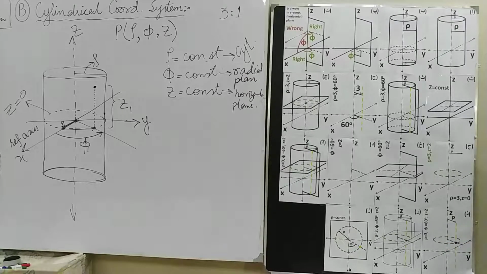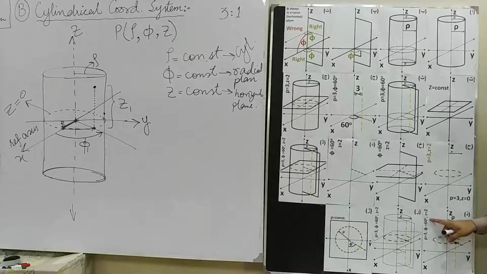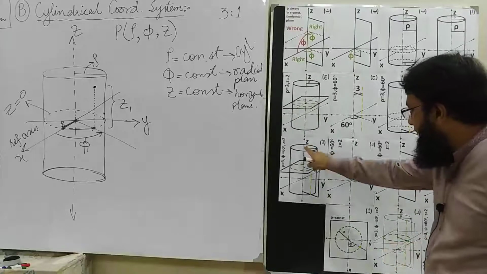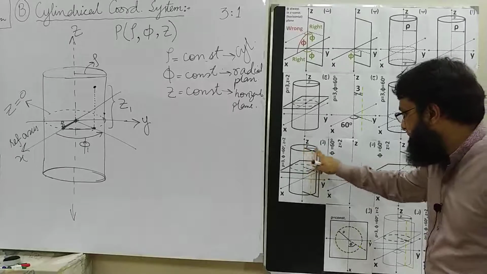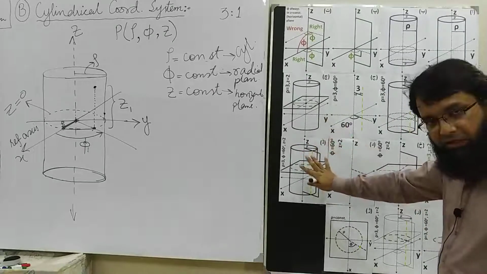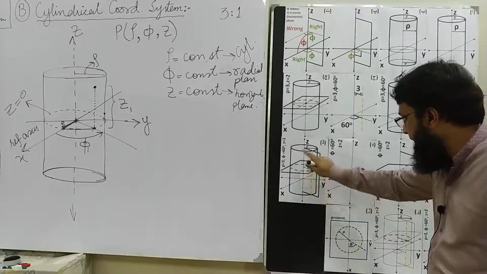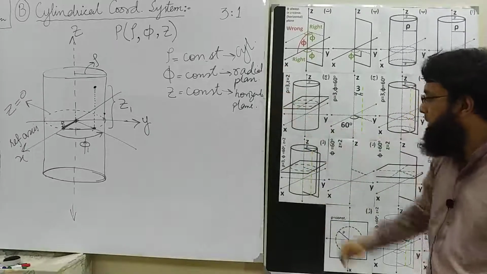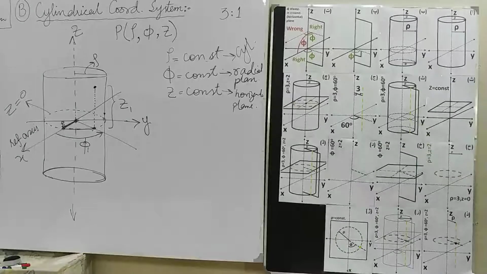And the intersection, given by this dot, is the point which has the coordinates 3, 60 and 2. So you can say that a point in the cylindrical coordinate system is formed by the intersection of these fundamental surfaces.